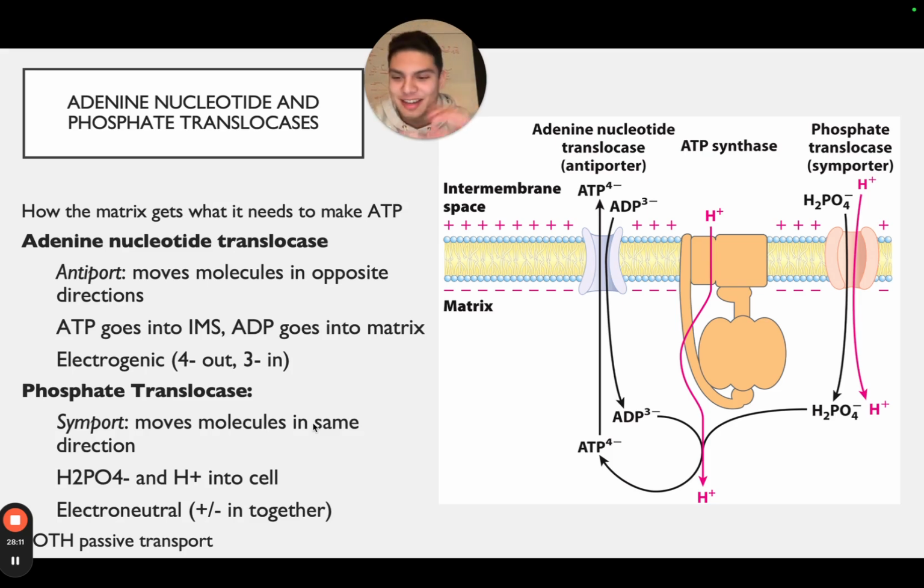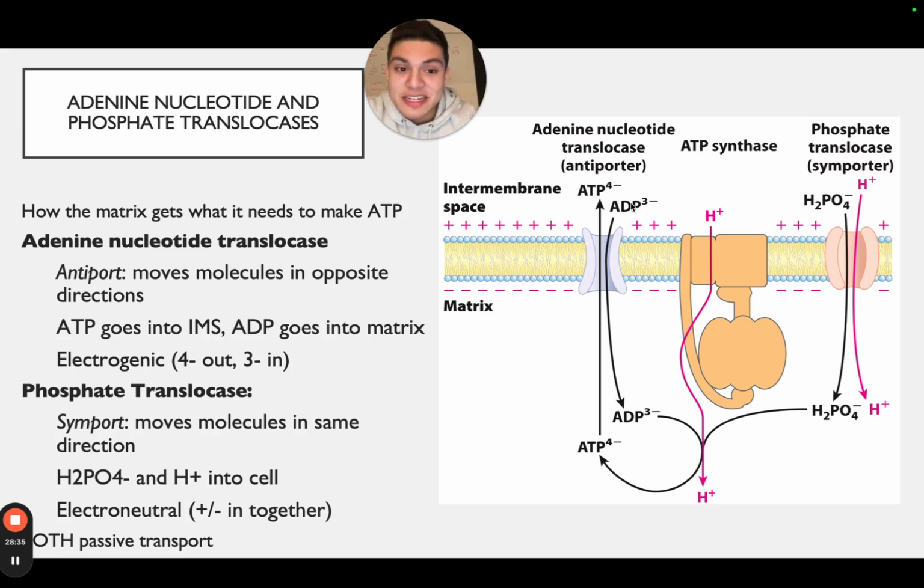And before I move on, remember this, that we're talking about electrogenic transporters and electroneutral transporters. So the ATP ADP antiporter, this adenine nucleotide antiporter, is an electrogenic transporter. What does that mean? Well, take a look at the charges. The ADP has a 3 minus, the ATP has a 4 minus, right?